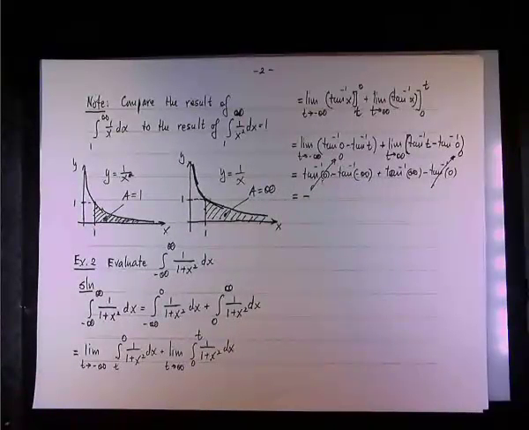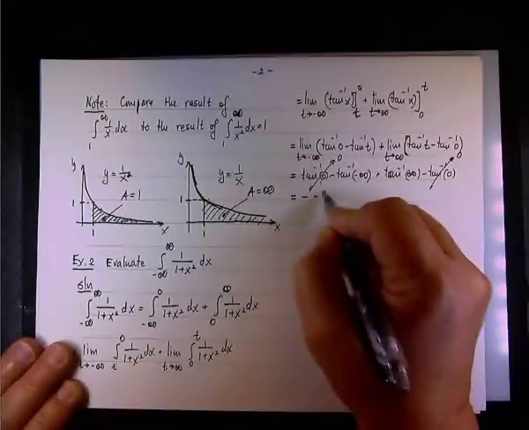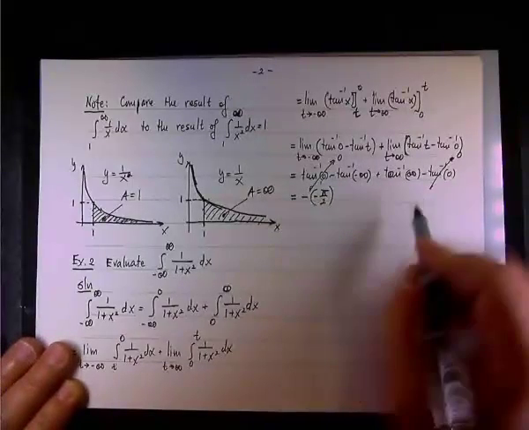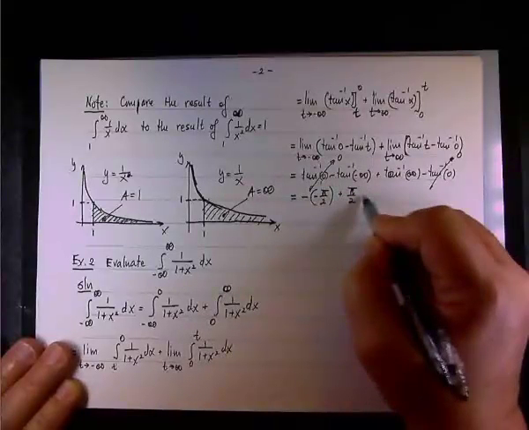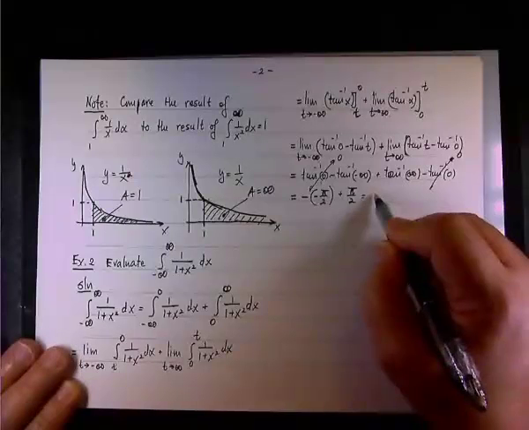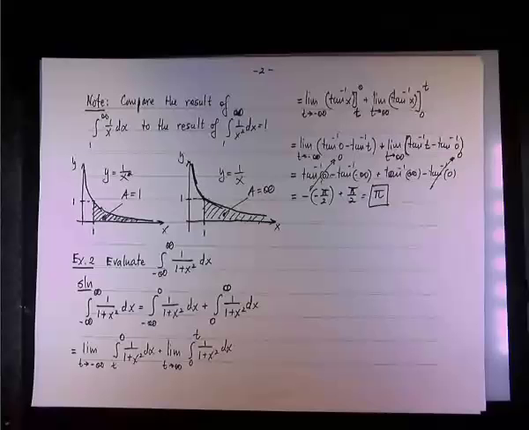So this is not precisely accurate, but where are the vertical asymptotes of the tangent? Negative pi over 2 and positive pi over 2. So the inverse tangent of negative infinity will be negative pi over 2, and likewise the other will be pi over 2. So the result will be 2 pi over 2, or simply pi.